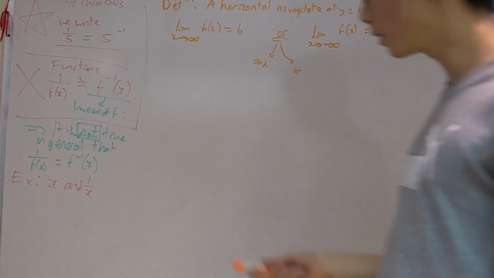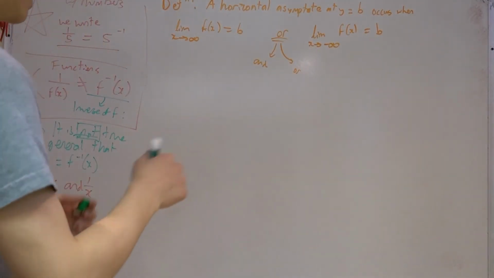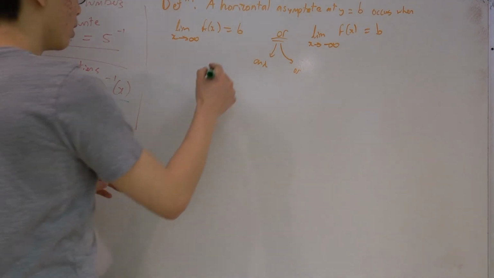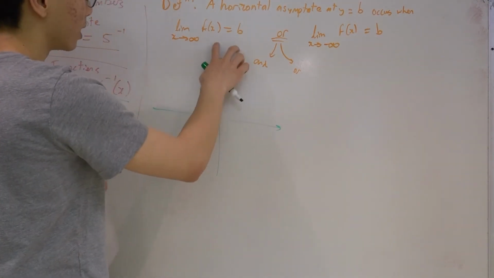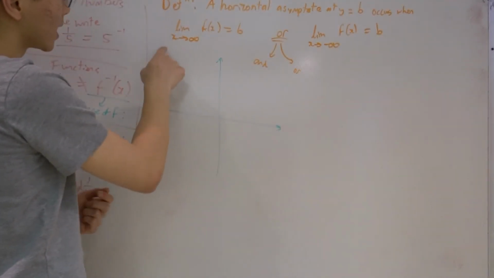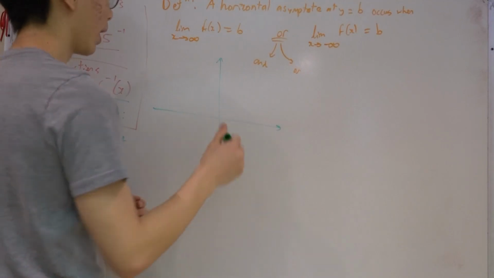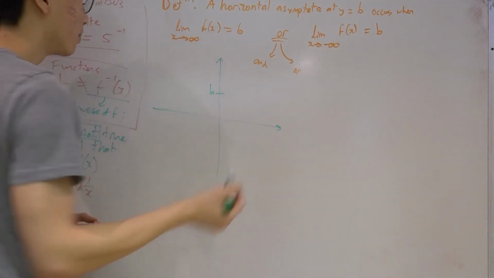Now, I'm going to assume that you don't really understand the limit notation fully yet, so let me just sketch it out for you. Eventually, by the end of the summer, you should be comfortable with reading this notation. So remember what this means: as x becomes really, really big. And b is just some point on the y-axis, so let's say this is b.